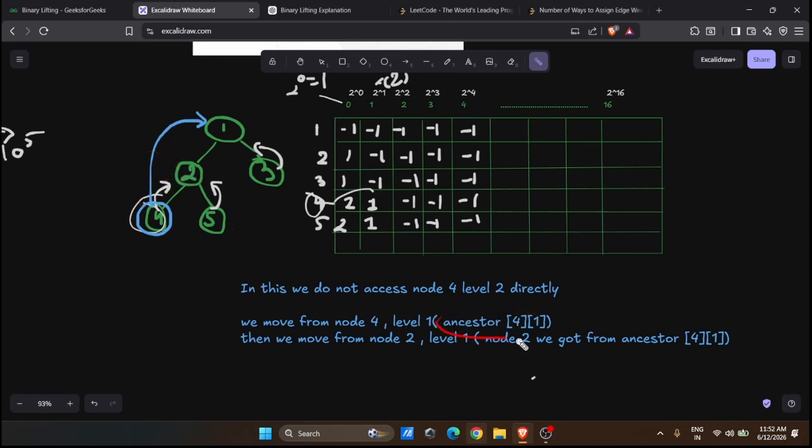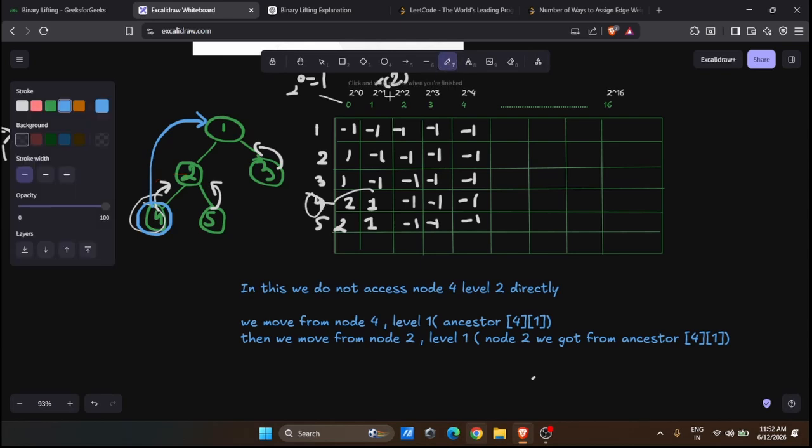So from this ancestor 4 of 1 I got the node 2. Now this is node 2, and from node 2 at level 1, I reach the one above, which is the node we got from the ancestor 4 of 1. That's how I hop from this level to this level.